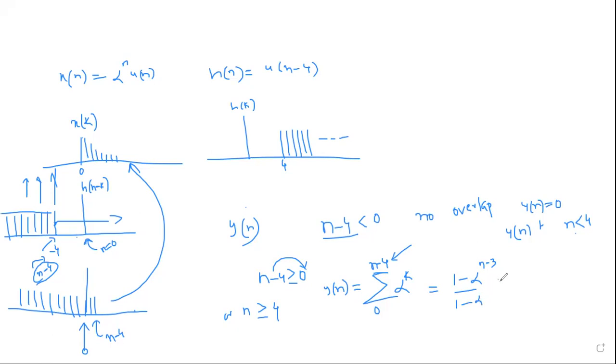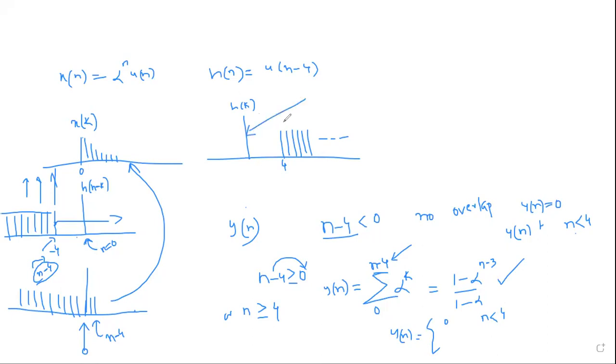So my y of n is equal to 0 for n less than 4. See what changes. In the previous problem, my h of n was starting from 0.